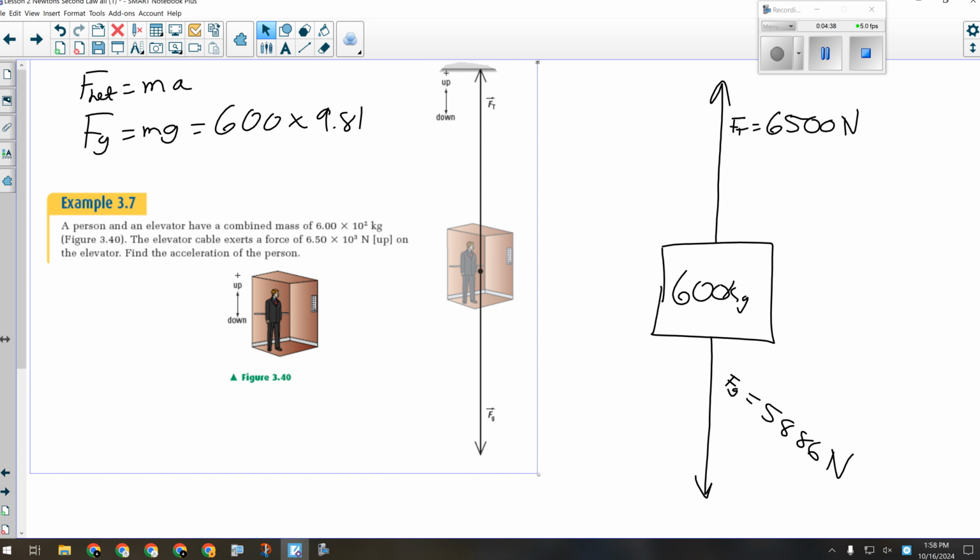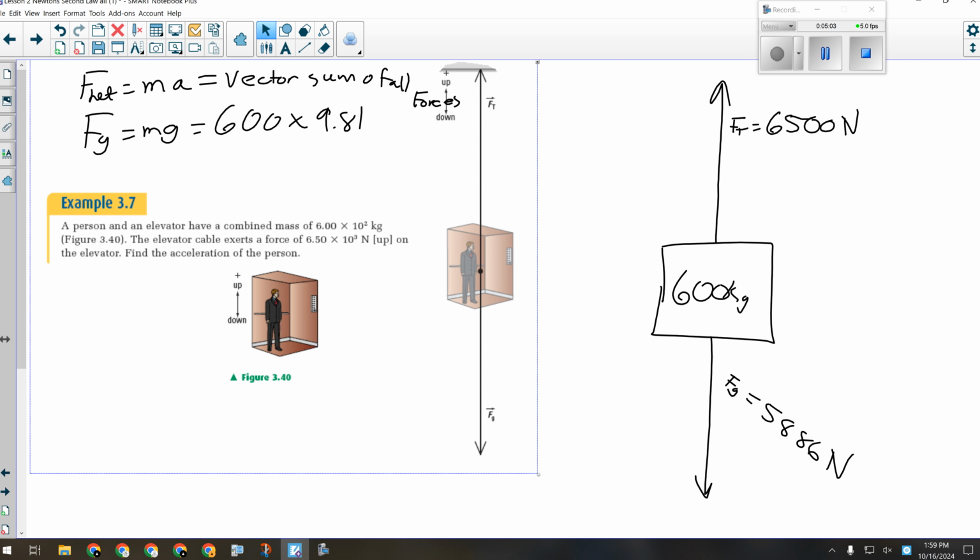Okay? So the next step here would be, okay, and this is something we have to remember, F net is not just mass times acceleration, it is also the vector sum of all forces. In this question, the two forces are the forces in the cable and the force of gravity.